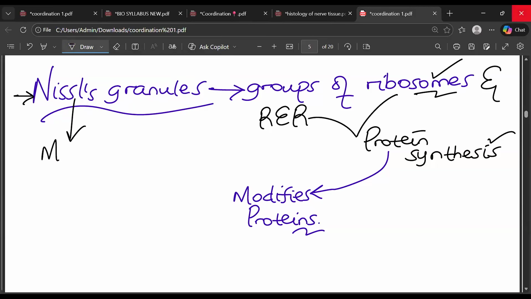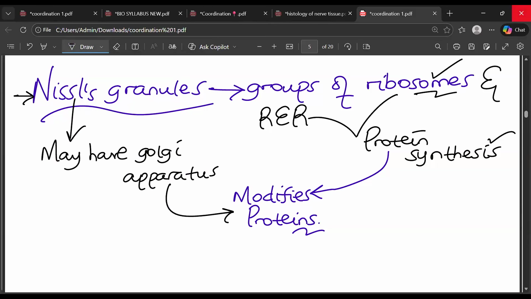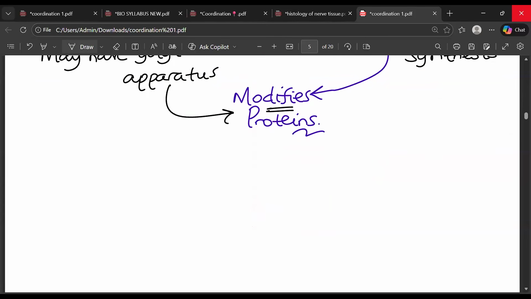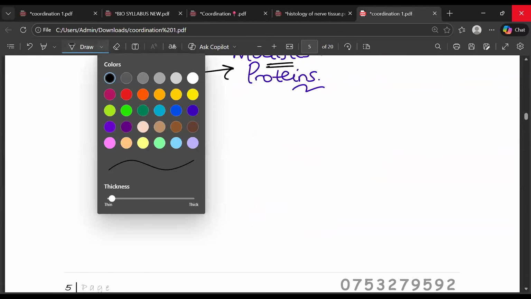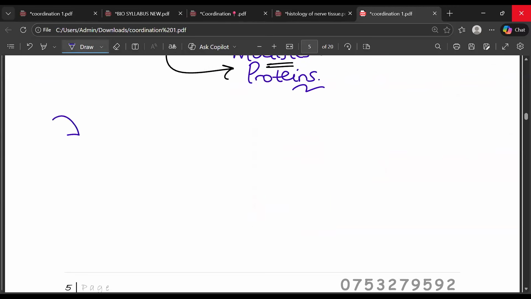So the Nissl granules may have the Golgi apparatus, because the manufactured proteins may need some slight modification. That's about Nissl granules. You need to be knowing that. If you know the dendron, dendrites, and so on, I don't want to overstretch myself on that, but have it in mind.